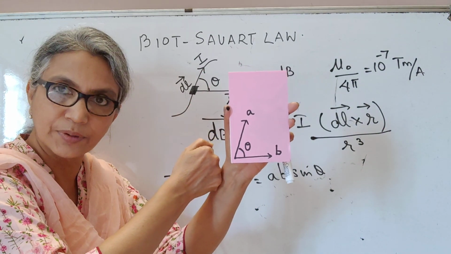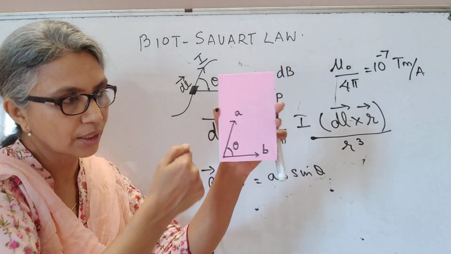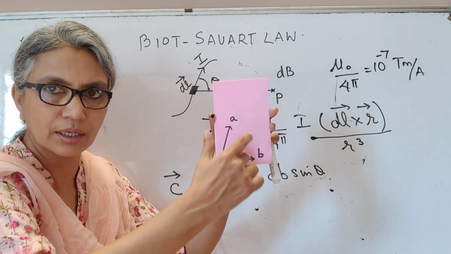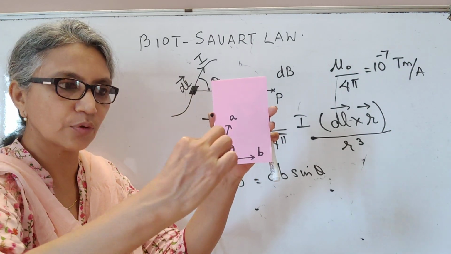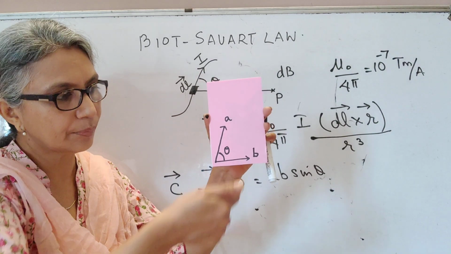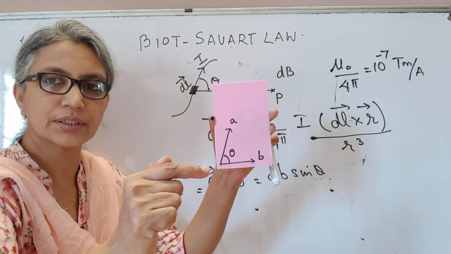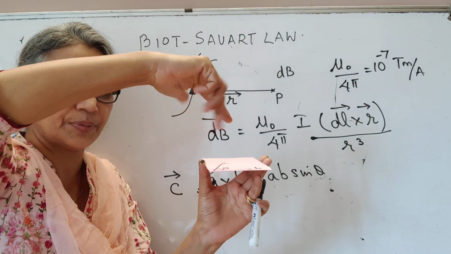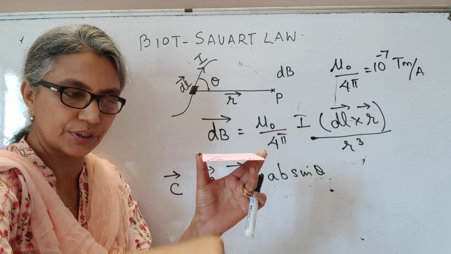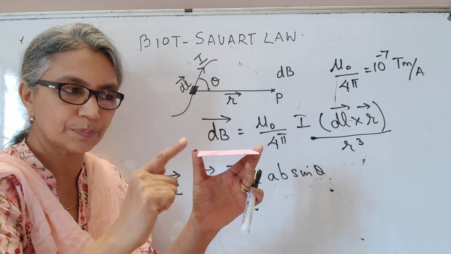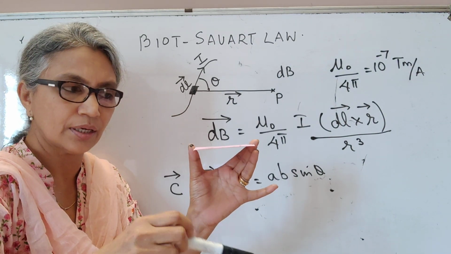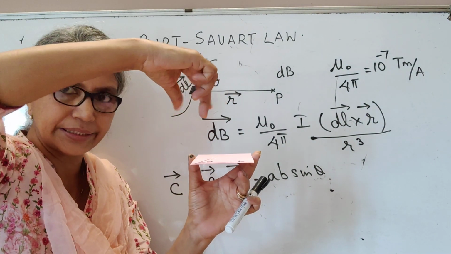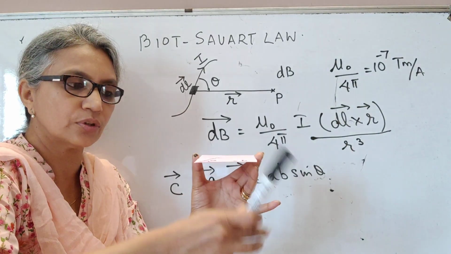Then it will be inwards, perpendicular to A and B, but inwards. But if you are doing B cross A, as you turn from B to A, you will see that the tip is moving outwards, and so B cross A is perpendicular but outwards. If you're holding it like this, A cross B is inwards. Your tip is moving down. That means resultant C is perpendicular to the plane containing A and B but inwards. B cross A would mean you are turning anti-clockwise, so your tip is going to move up.